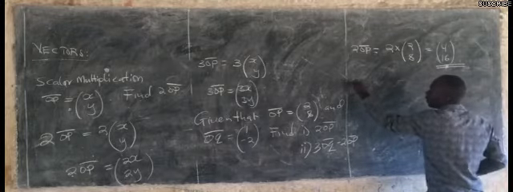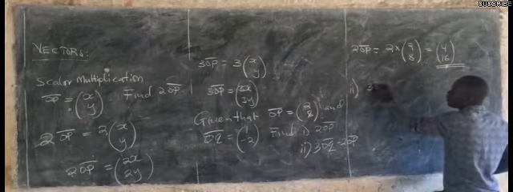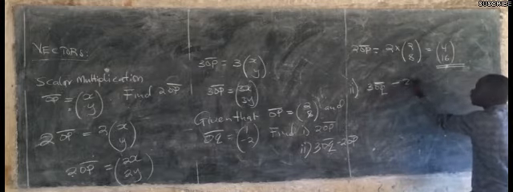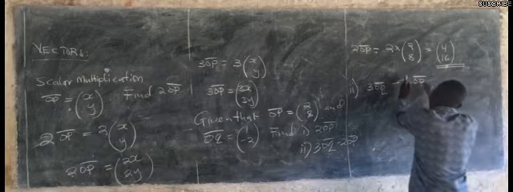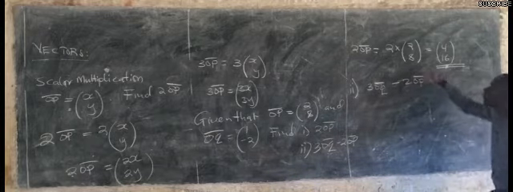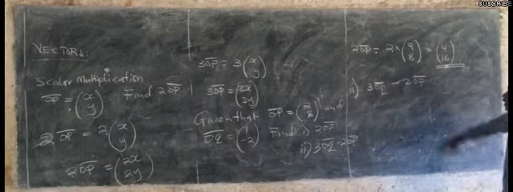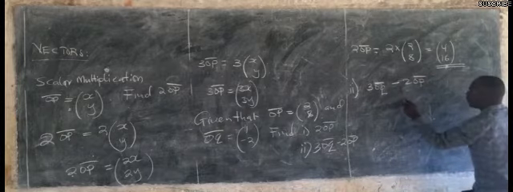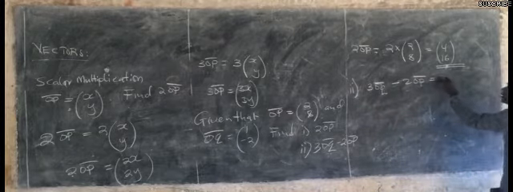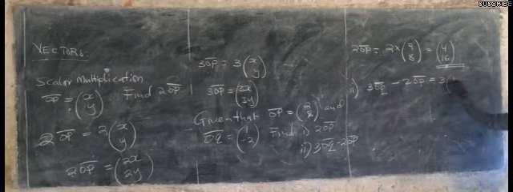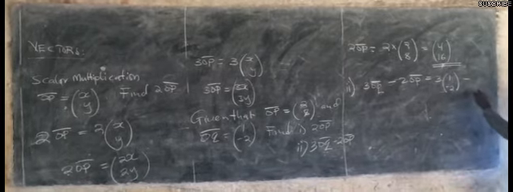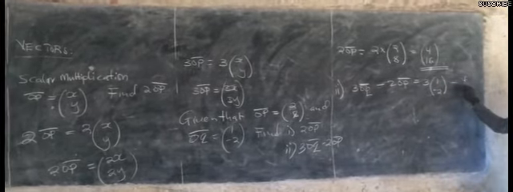Then we can go and look at Roman 2, which says 3 OQ minus 2 OP. So when we look at this in the question, we already have 2 OP in our question. So we are going to concentrate on finding 3 OQ first. So we are going to say this is the same as 3 into OQ, which is 1, negative 2, then minus 2 OP, which is given initially as 4, 16.